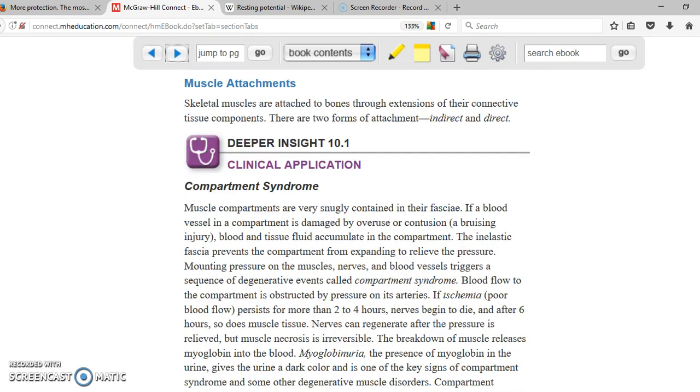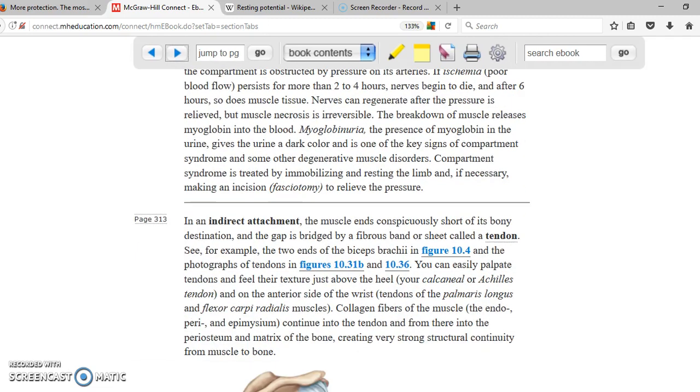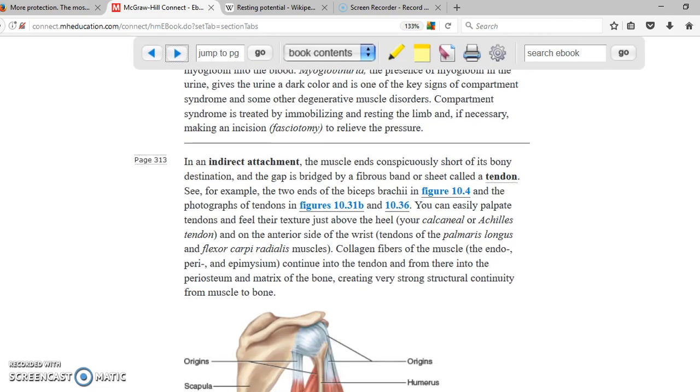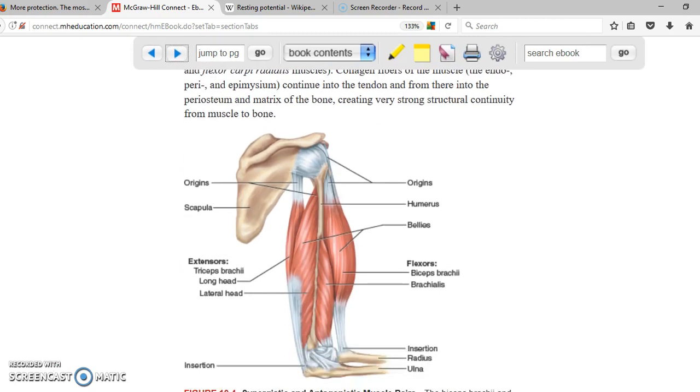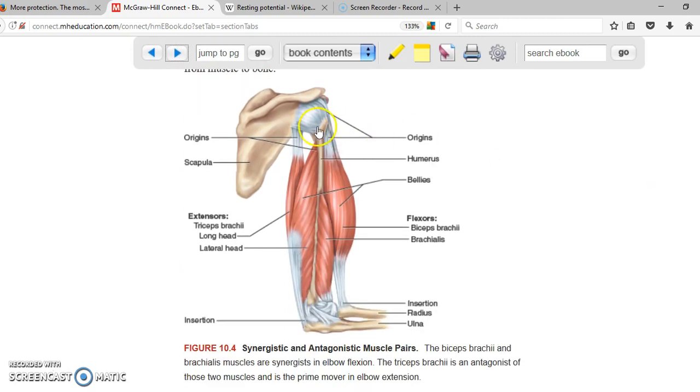Muscle attachment, this is something different, and this is something that you need to know. All the muscles that are attached to the skeleton are called skeletal muscles. Are skeletal muscles the only muscles that we have? No, we also have cardiac muscle and smooth muscle.